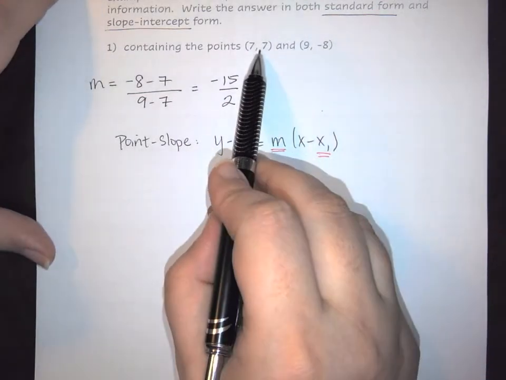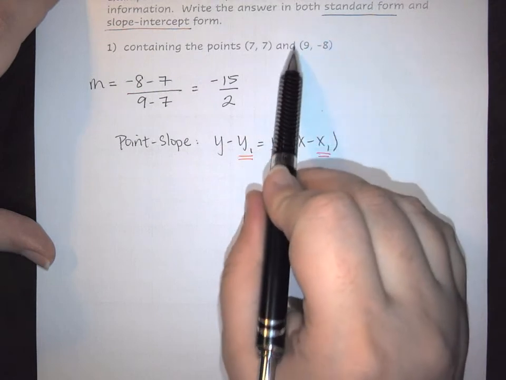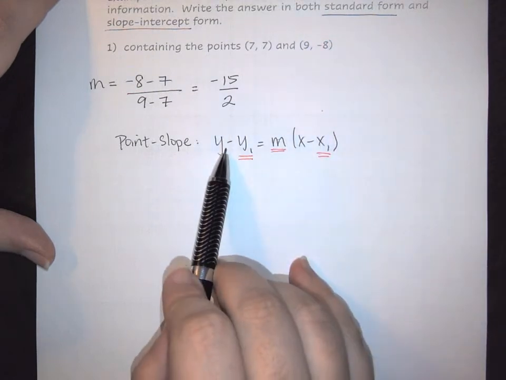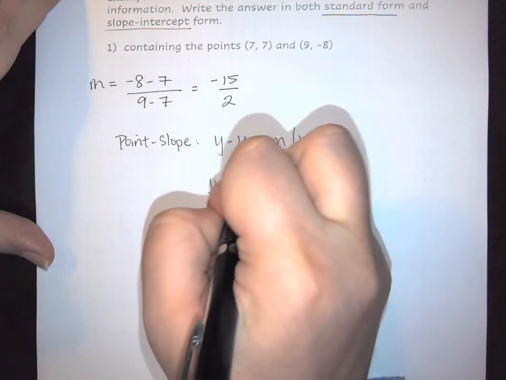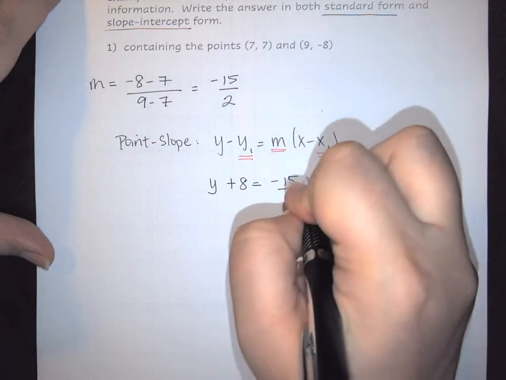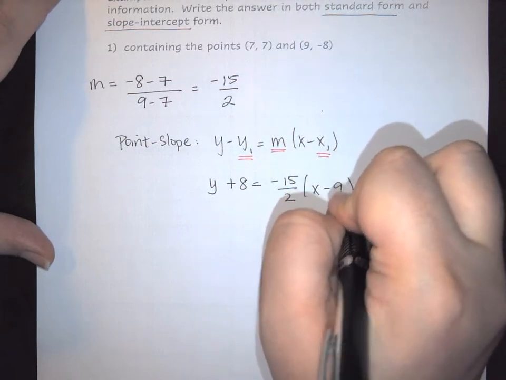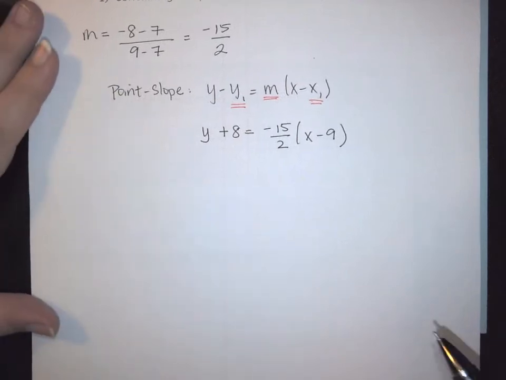So let's use our positive point. Actually no, let's use this second point here, because that's going to turn this to be positive. So we're going to have y plus 8 is equal to -15 halves times x minus 9. So now we need to solve for slope-intercept form.